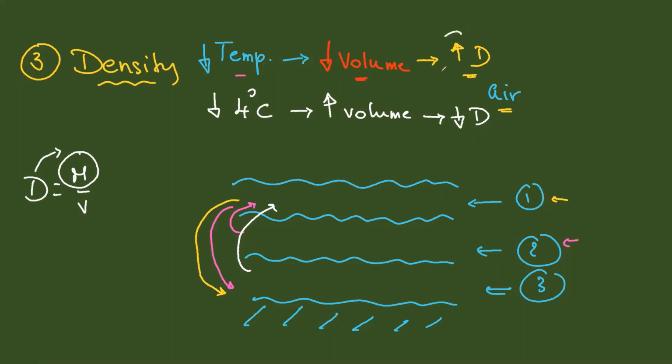That's why before 4, or when it was more than 4 degrees, the density was increasing. That's why the upper layers were sinking and replaced by other layers. But here at 4, because the density decreased, it means that the upper layer of water became light.